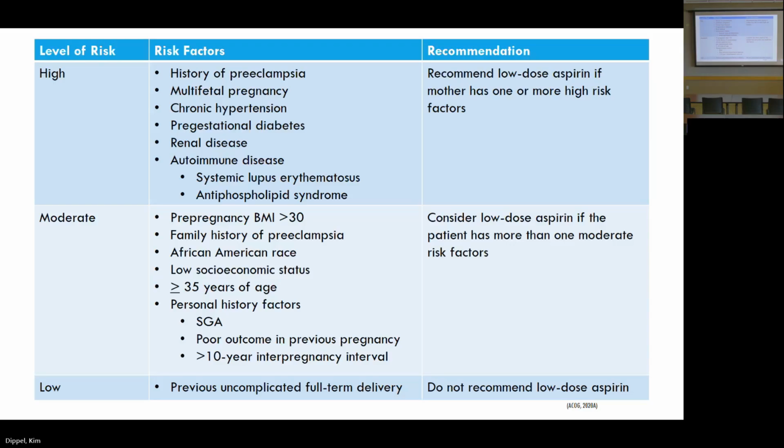And then moderate: pre-pregnancy BMI greater than 30, and I would say most people qualify for that. But consider low dose aspirin if the patient has more than one moderate risk factor.